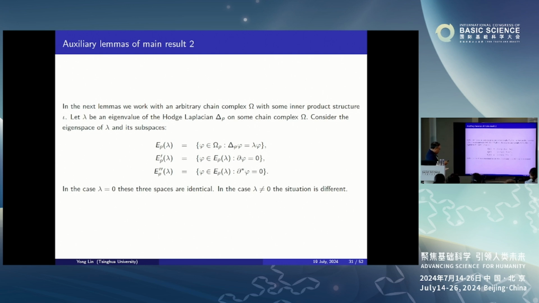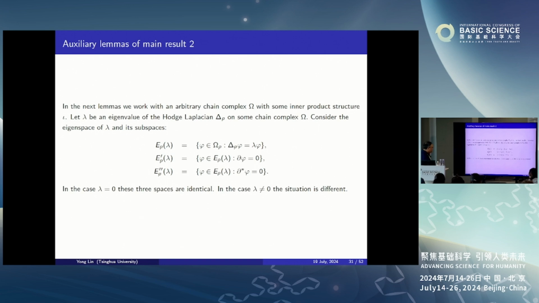For a given lambda, an eigenvalue of this Hodge Laplacian delta p, this is the eigenspace E_p. E_p prime and E_p double prime are subspaces of E_p.